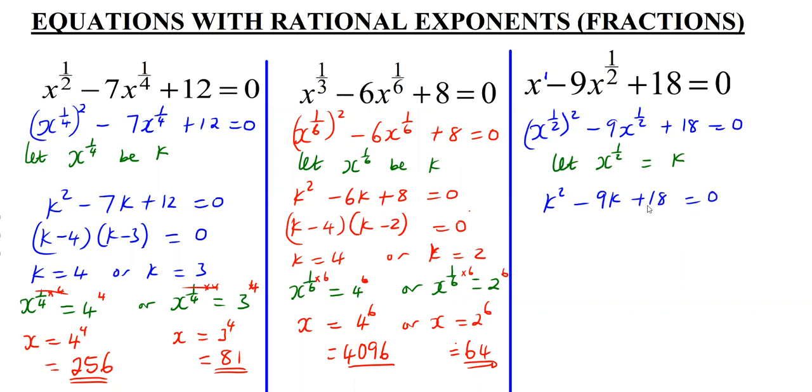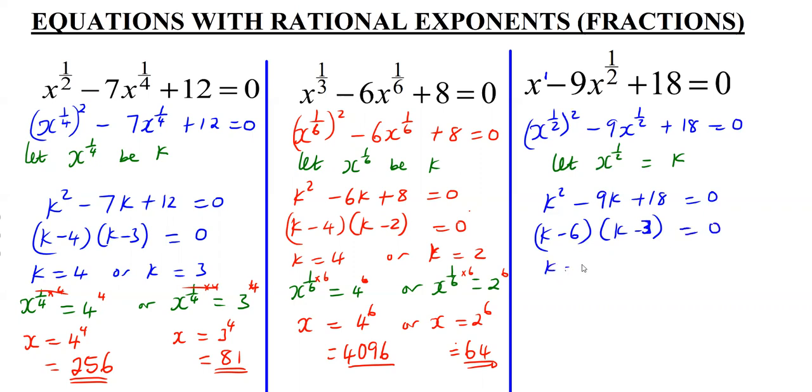So here the factors of 18 are 6 and 3. 6 times 3 gives us 18, and 6 plus 3 gives us 9. So here both of them are going to be negative. So (k - 6)(k - 3) is equal to 0.